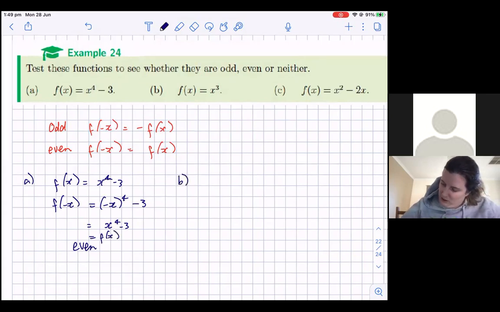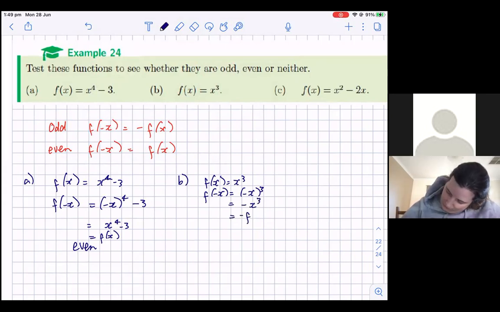Question B, if I've got x cubed, when I chuck in negative x, that's the same as, well, negative x cubed is just negative x cubed, which is negative of the original function, so it's odd.